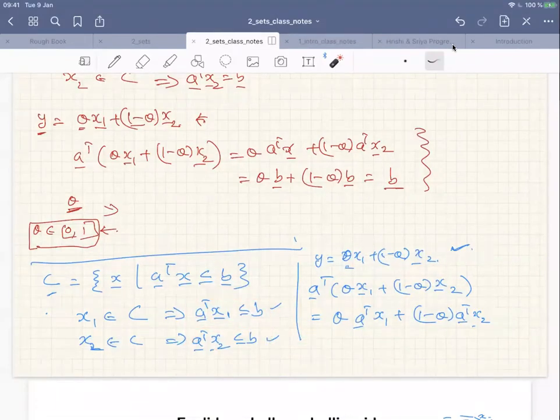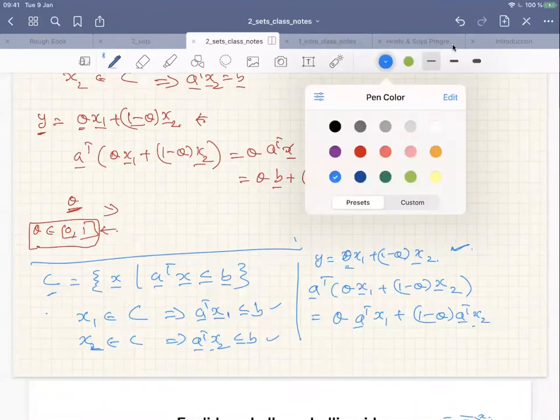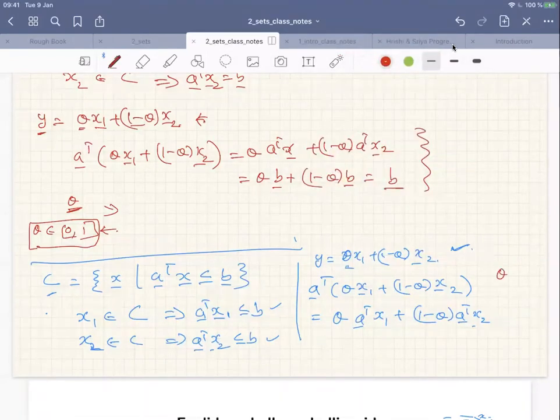Let's assume that theta belongs to the interval 0, 1. In this case, theta is non-negative, and 1 minus theta is also non-negative. So if theta belongs to 0, 1, then both are non-negative, and we can plug in these inequalities here.